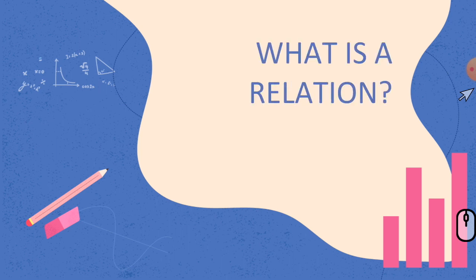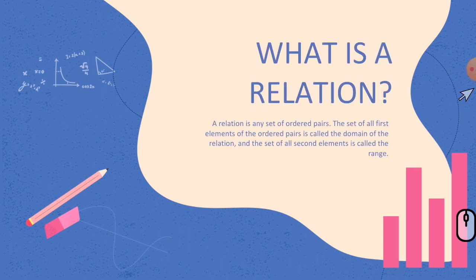Next, what is a relation? So sabi natin, a relation is any set of ordered pairs. The set of all first elements of the ordered pairs is called the domain of the relation. And the set of all the second elements is called the range.